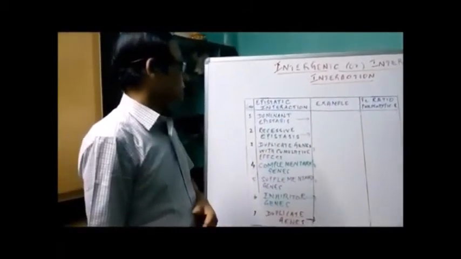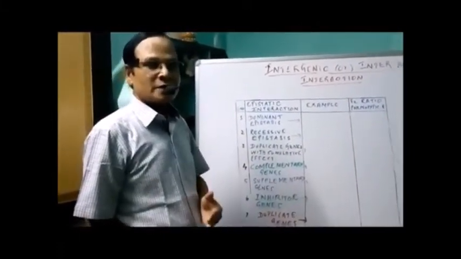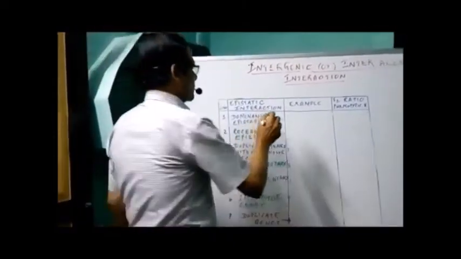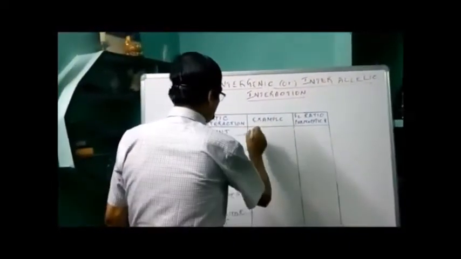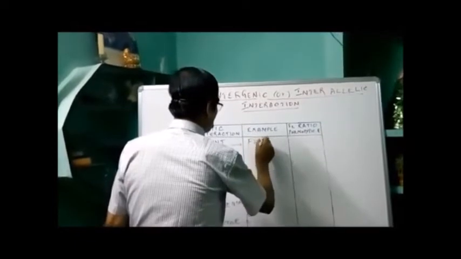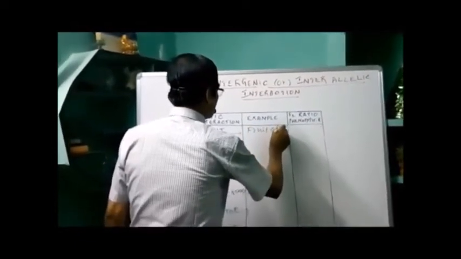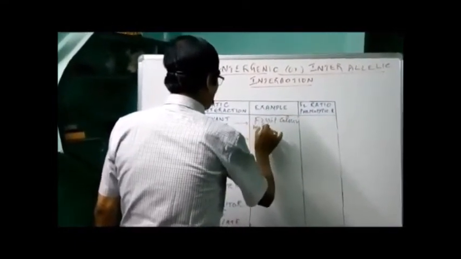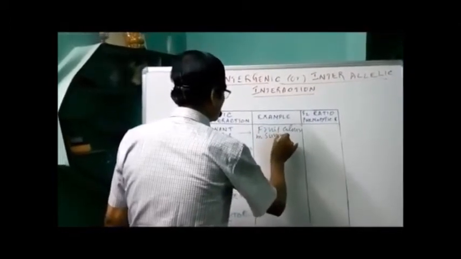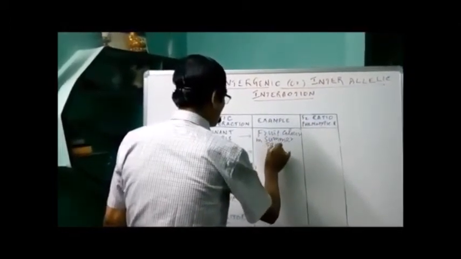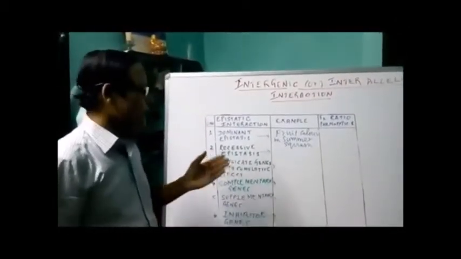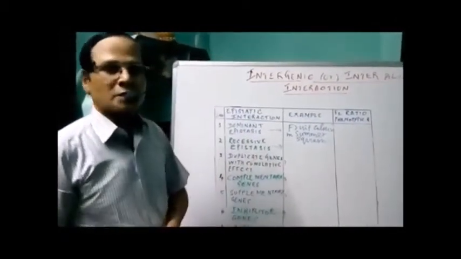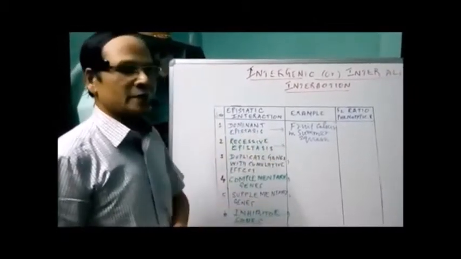Now what are the examples? For dominant epistasis, we have the fruit color in summer squash. This is the example taken into consideration for dominant epistasis.